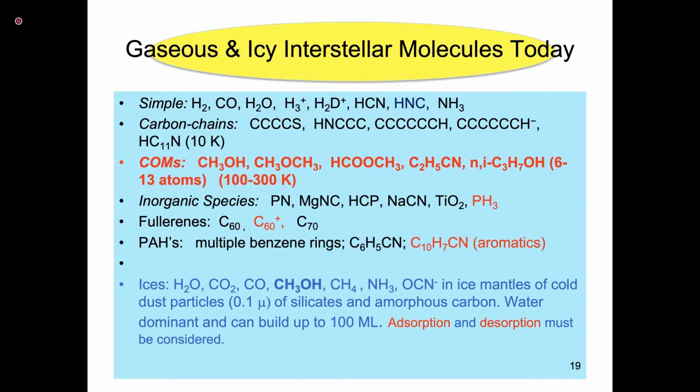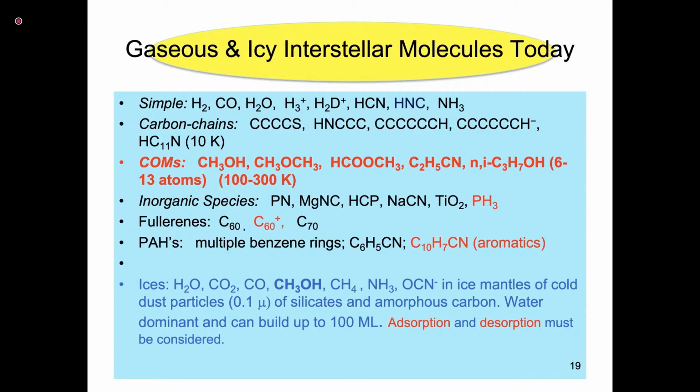Other species, we'll go over more quickly. Inorganic species, okay, these are molecules that don't have much in the way of carbon. Fullerenes are interesting. Buckminsterfullerene C60 looks like a football, European or Asian football, and C60+ is one electron removed, and C70 is also like a football, but not spherical.